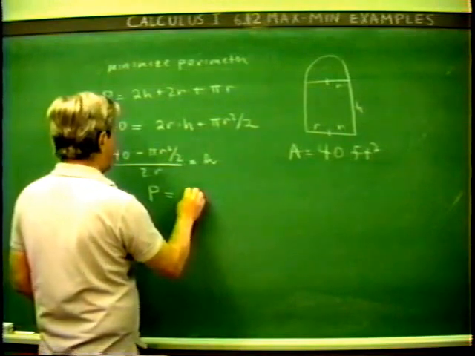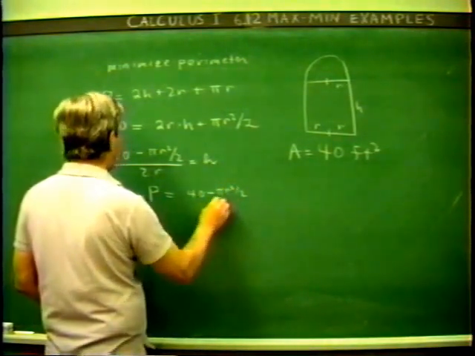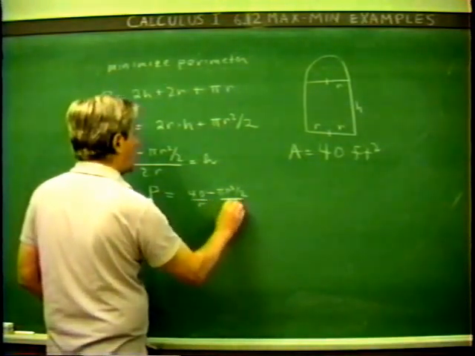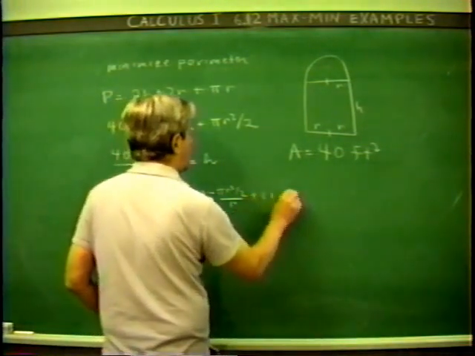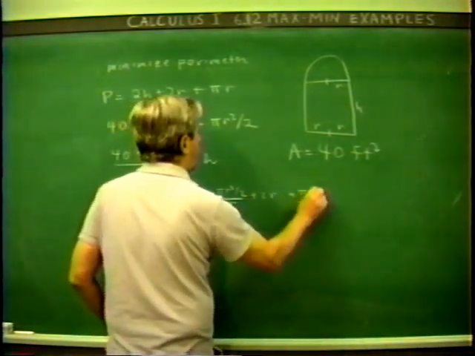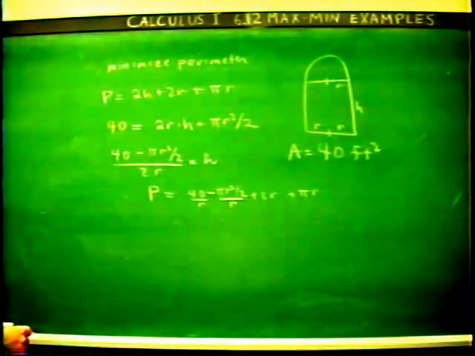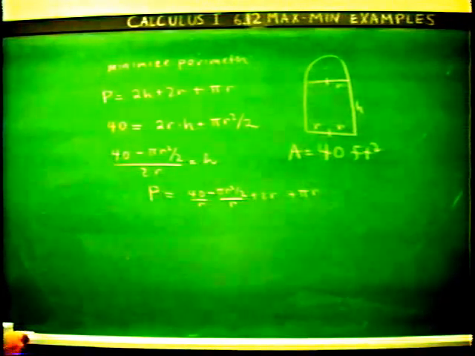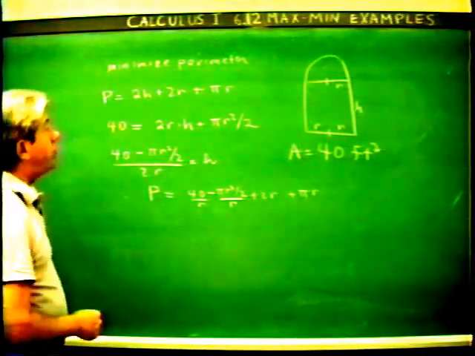Right? We then have that the perimeter is equal to 2 times this, which is 40 minus pi R squared over 2, divided by R, plus 2R plus pi R. Okay.